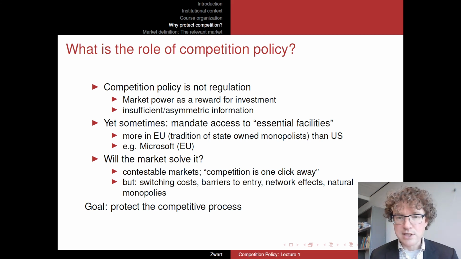That's a typical case in which we do have regulation, but in more nuanced cases, for instance, in the early 2000s there were a lot of competition cases against Microsoft, in particular its position of its Windows system, and indeed the EU there took a slightly more invasive view of what it should do with its competition authority.